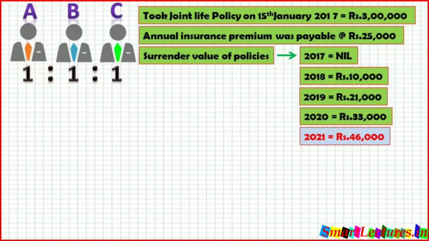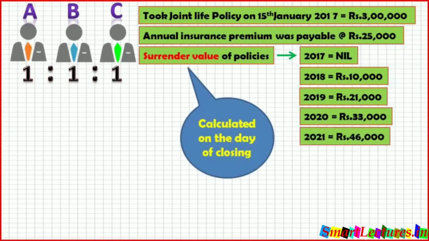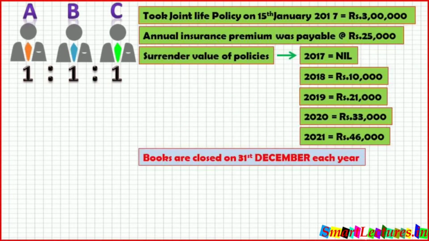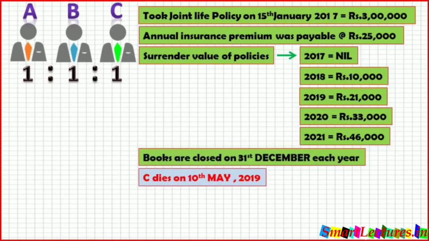These were the surrender values calculated on the day of closings. You know, surrender values are always calculated for the closing dates, not other dates. And this firm closes its books on 31st December each year. C died on 10th of May 2019, and we have to pass the journal entries and make the ledgers as per asset method.